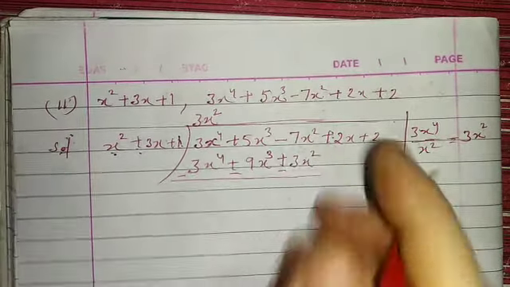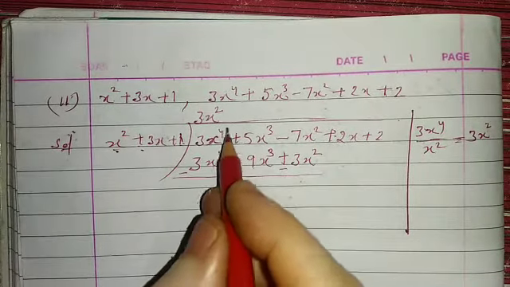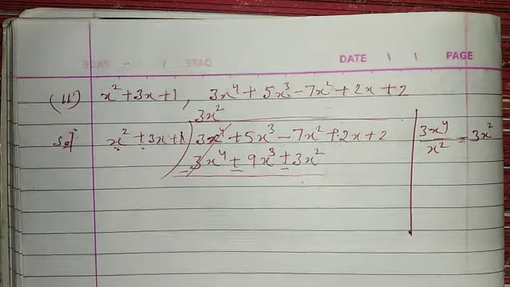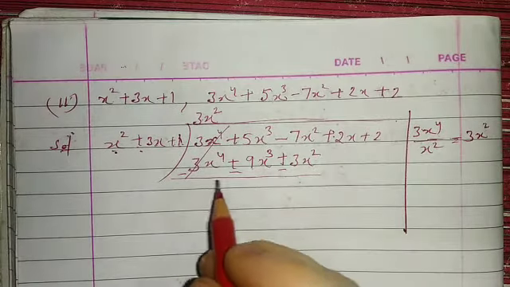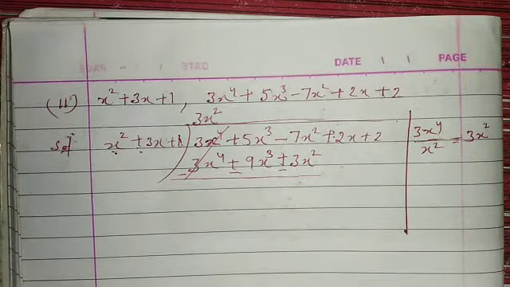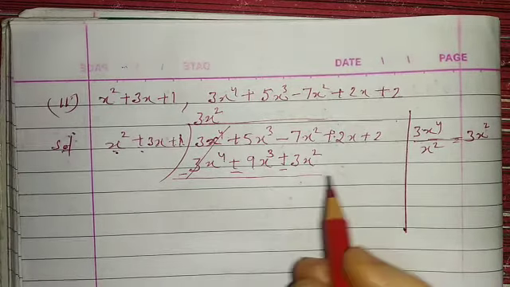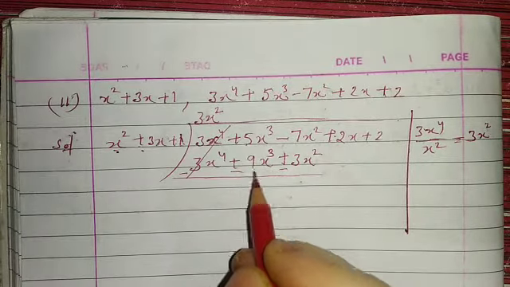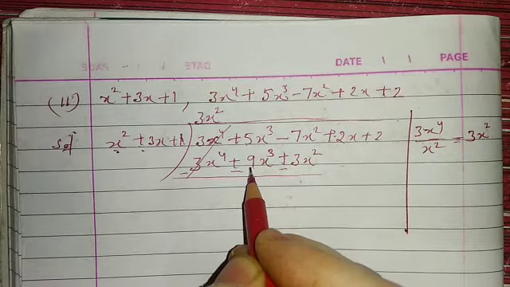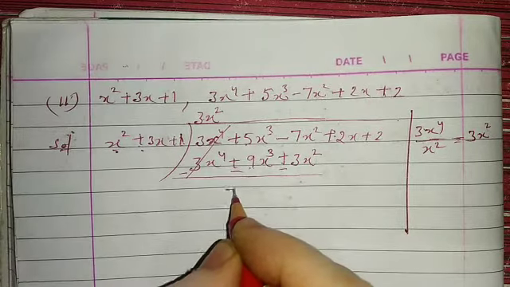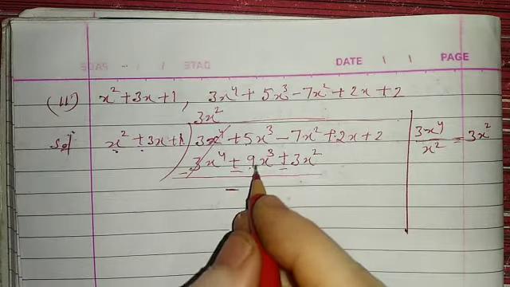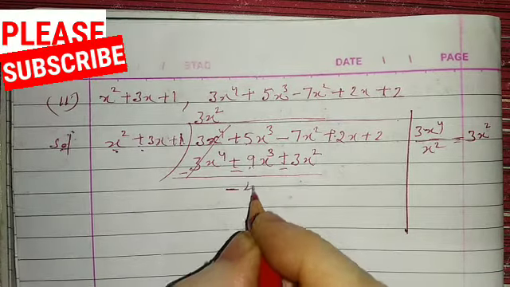So this term will be 0. Both the terms have the same coefficient and variables, so this will be 0, and here it is plus 5 and here it is minus 9. So the negative sign will be there because 9 is greater than 5 and 9 minus 5 is equal to 4.